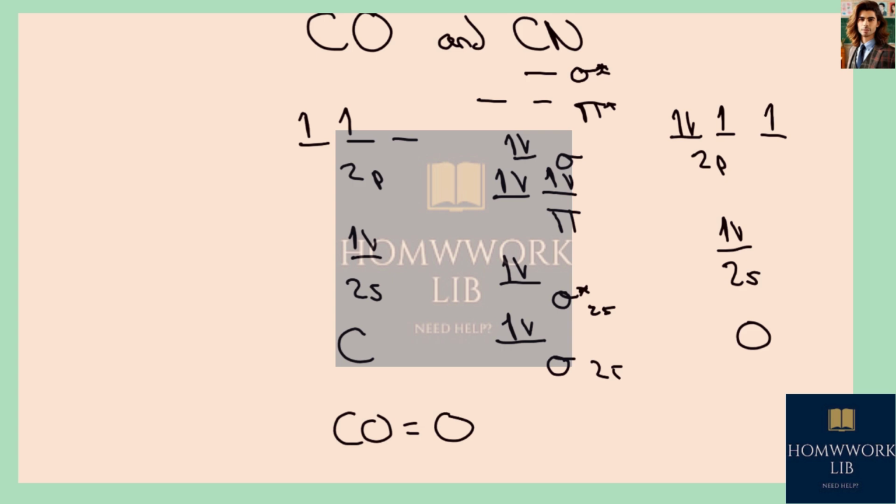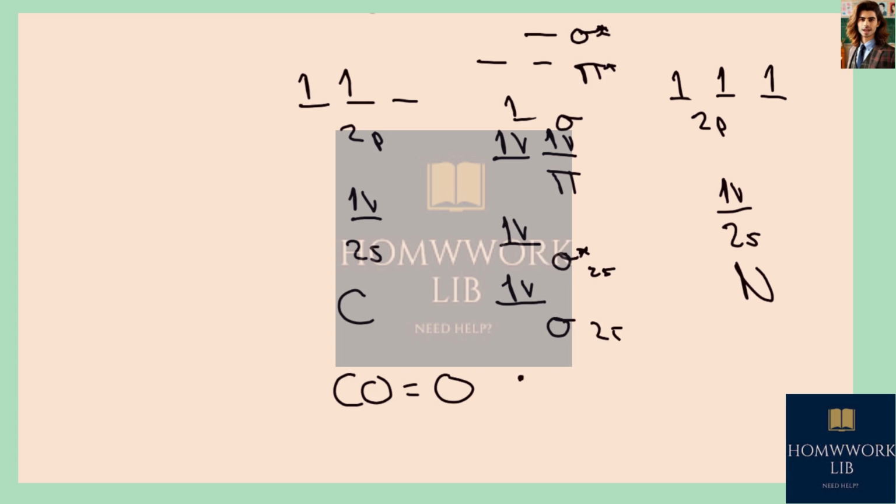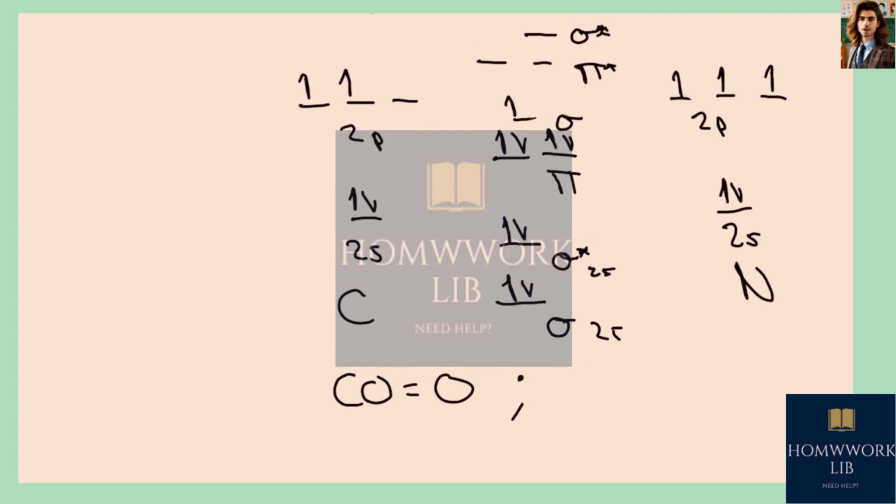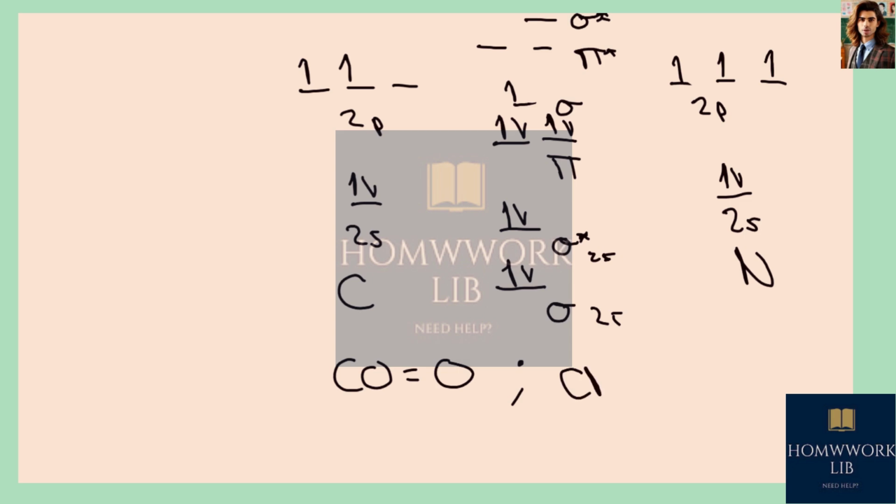Now, what would happen if instead of having an oxygen atom, we had a nitrogen atom? In that case, the only thing that would change would be that over here, I would need to get rid of one of the electrons. So in CN, we're going to have one unpaired electron, so the total spin is going to be equal to 1/2.